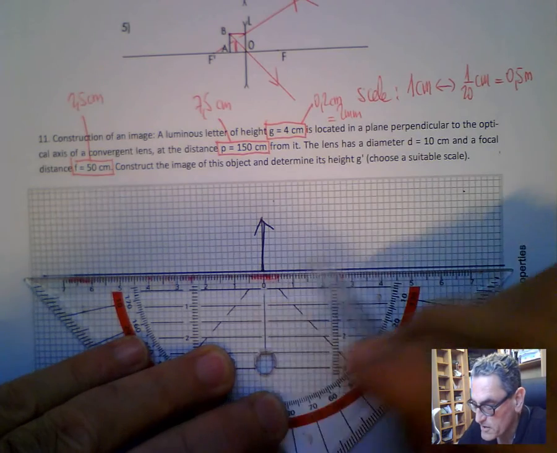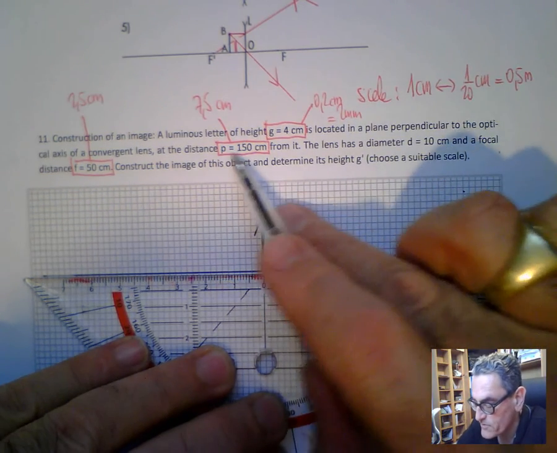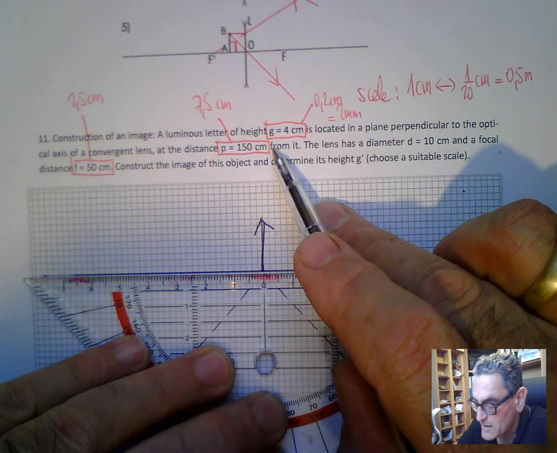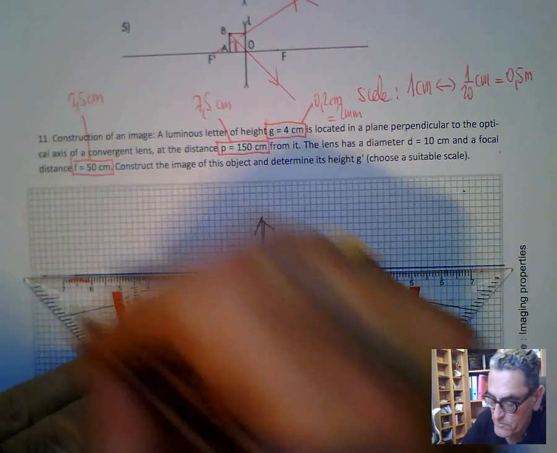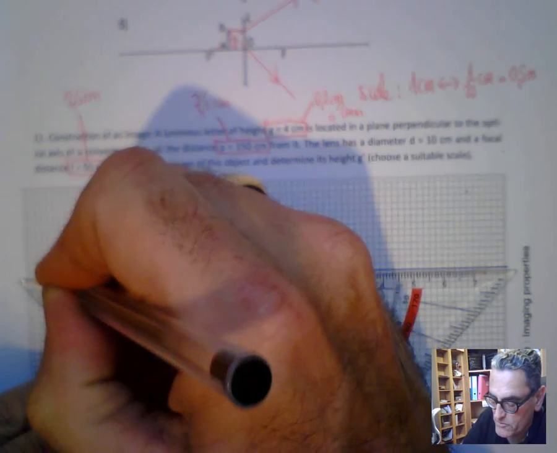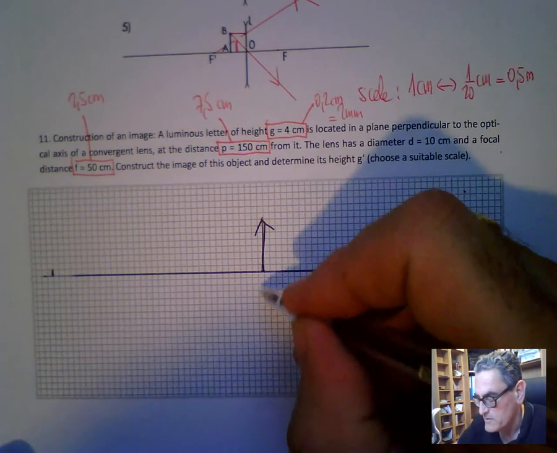It's a convergent lens. And then we have, at a distance of 7.5 centimeters, a letter of height 4 centimeters. 7.5, it's here. And the height of the letter, we said 2 millimeters, so I will do it like that.